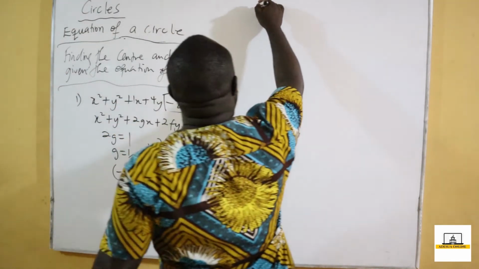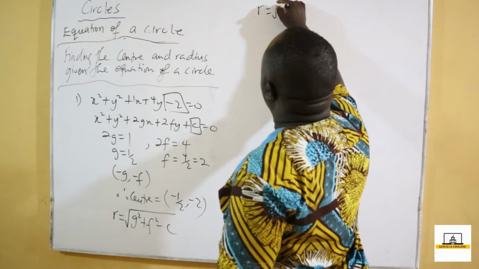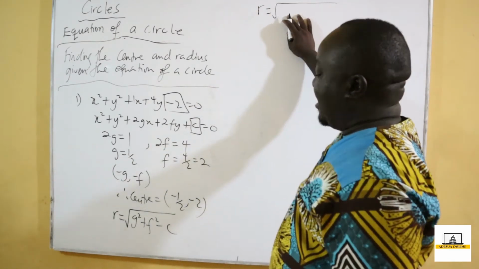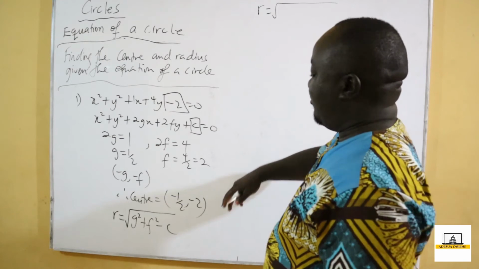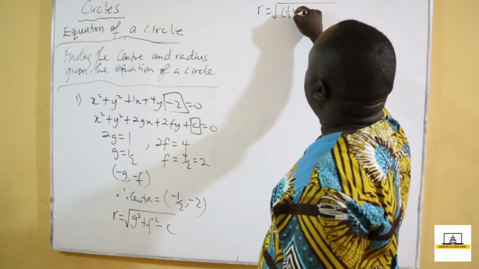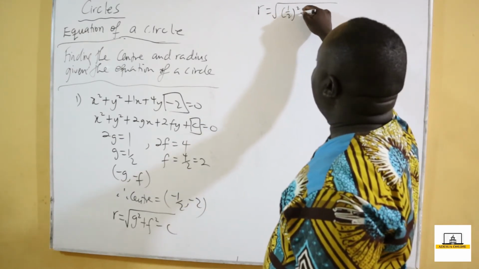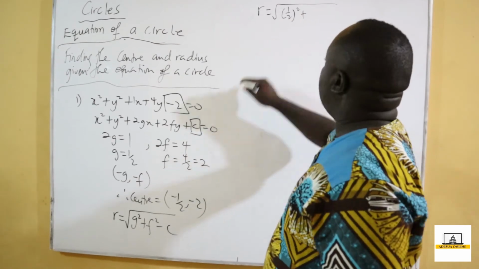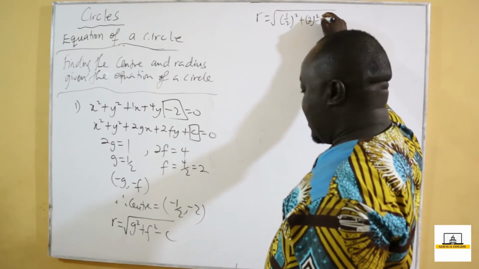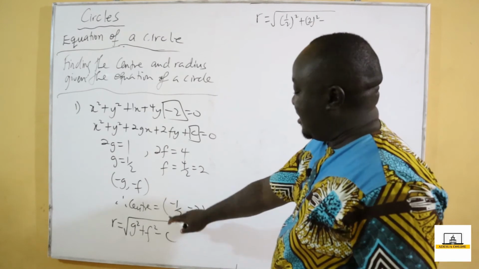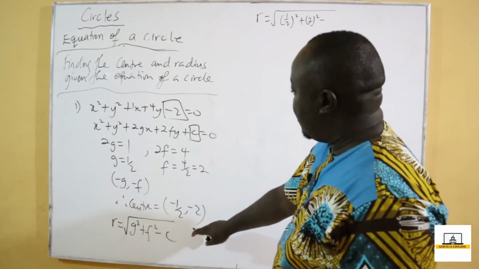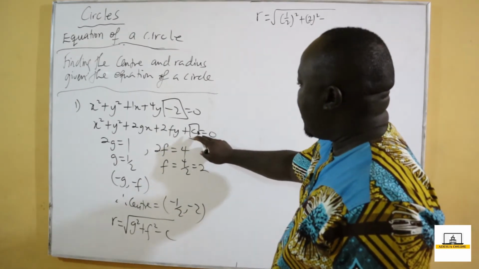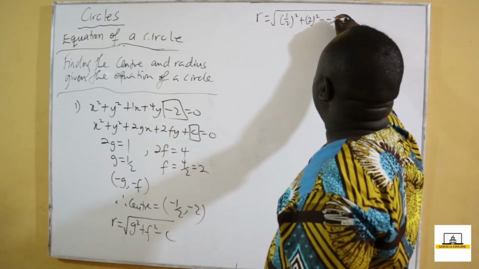So our radius will be equal to the square root of g squared, which is half squared, plus f squared, which is 2 squared, then minus c, and comparing this to the general equation, c is equal to minus 2.